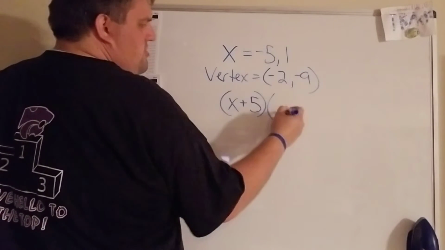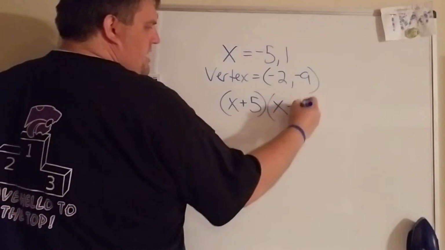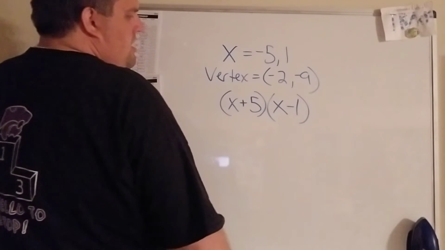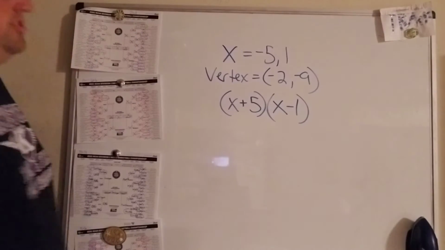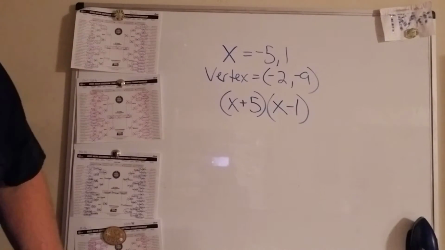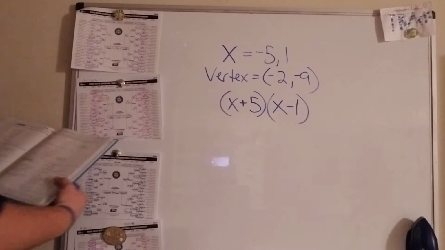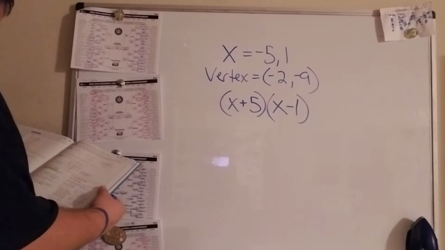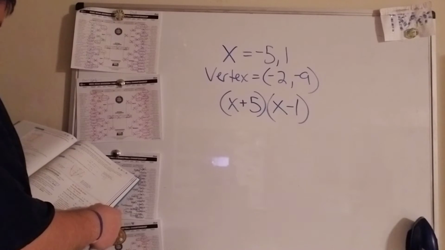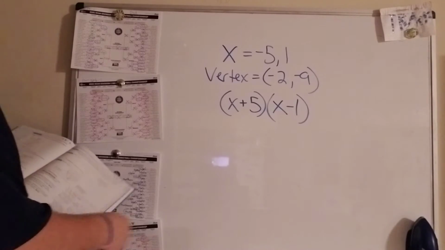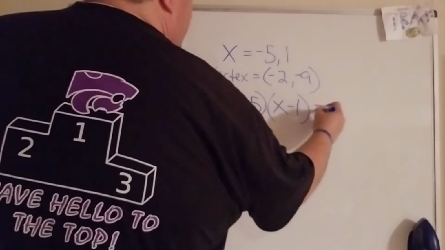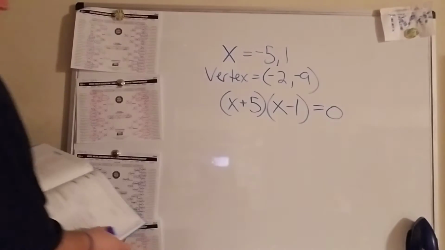And if one of my solutions is 1, that means I would have done x minus 1. That's my start off point, we have these two factors and we would set them up like that. Obviously it's going to equal 0.